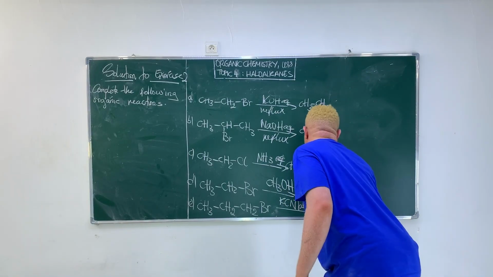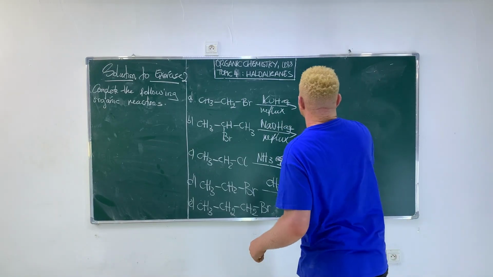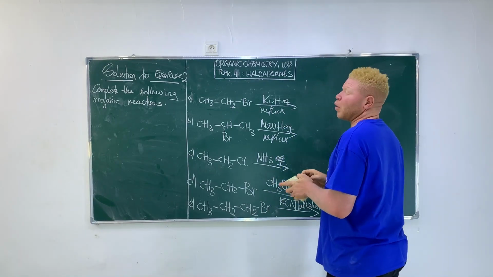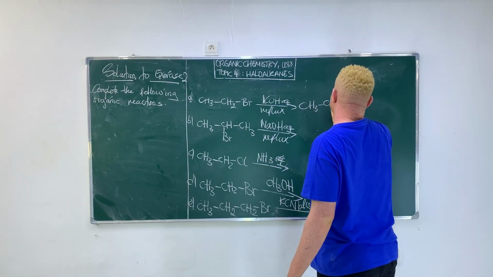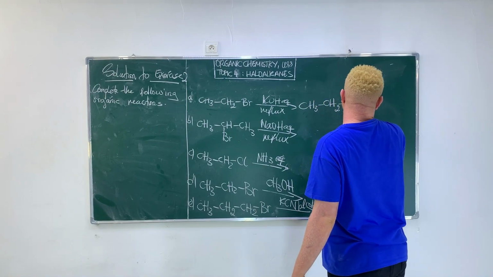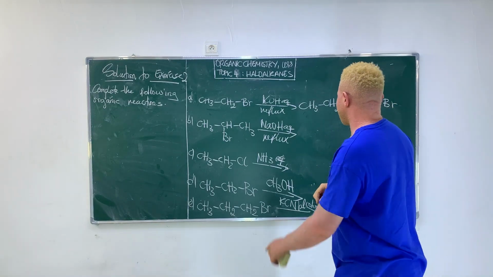So let me write it so you guys will be able to see what actually is. So here was nucleophilic substitution. So CH3CH2OH plus KBr. So here's the same scenario.